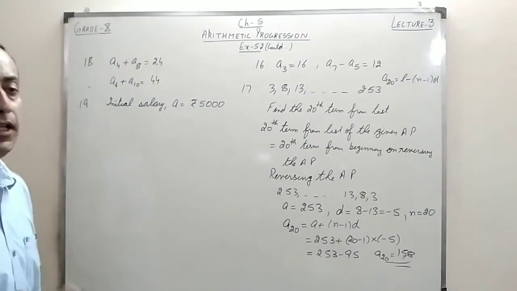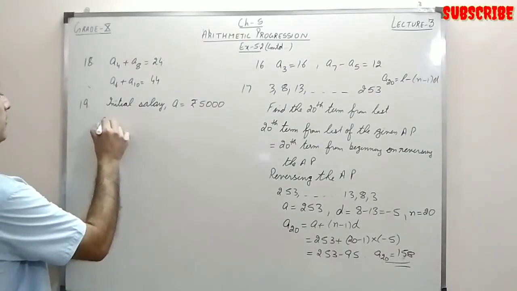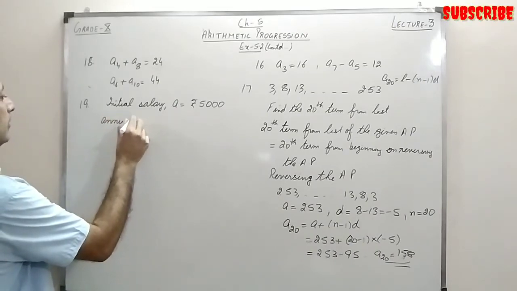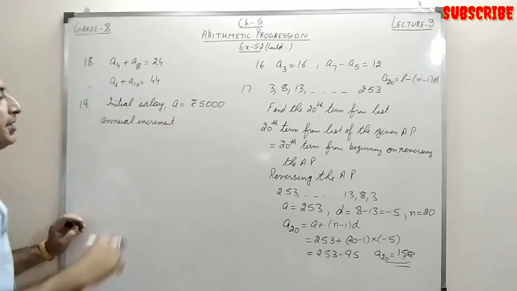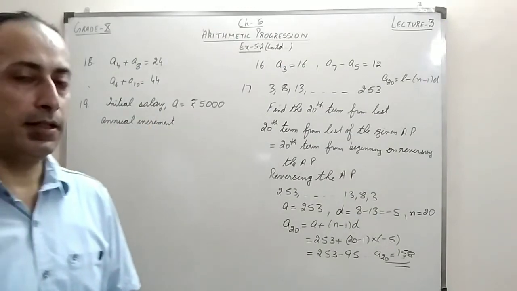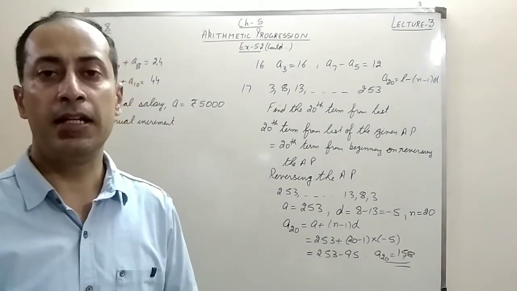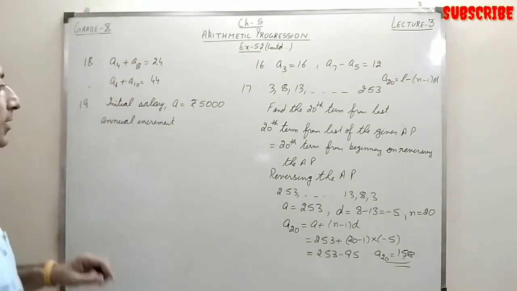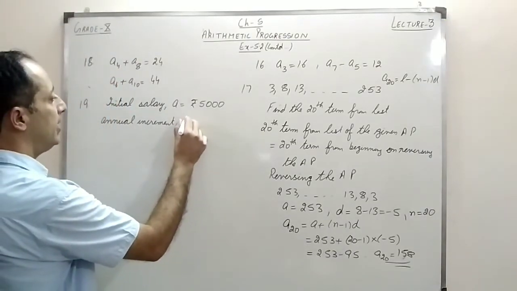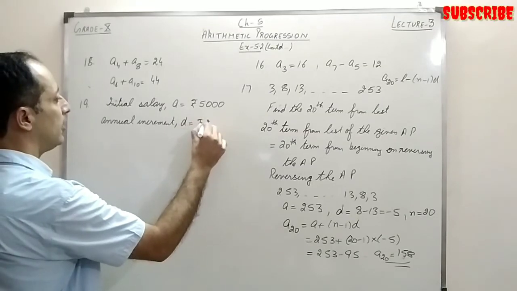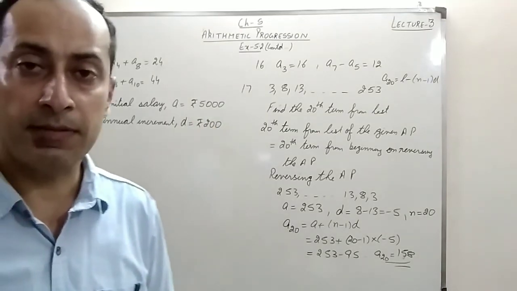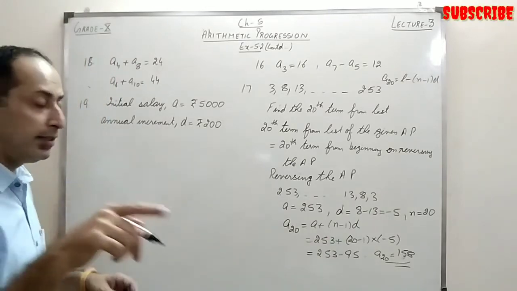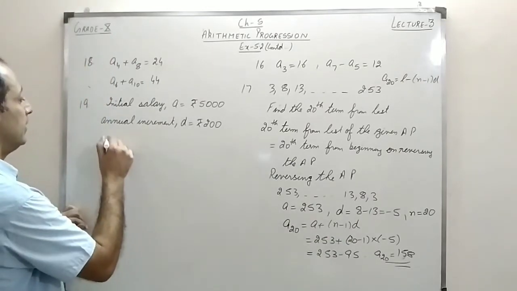They say the annual increment, which basically means how much the person's salary increases yearly. So D is equal to rupees 200. Now they are asking in which year the salary becomes 7,000. It means I have to find N, and AN is given to me as 7,000.